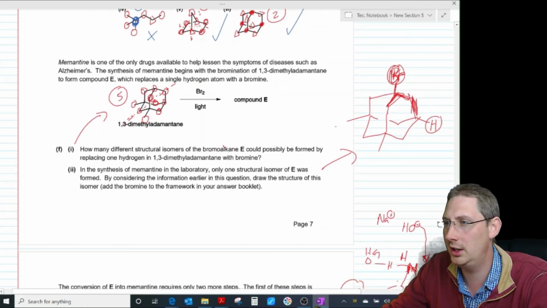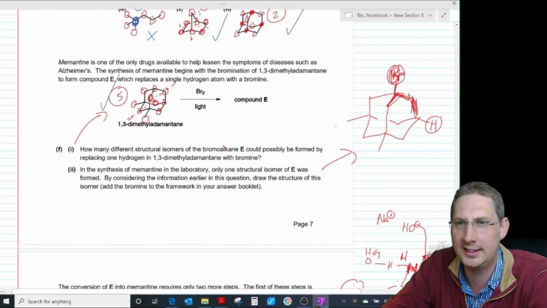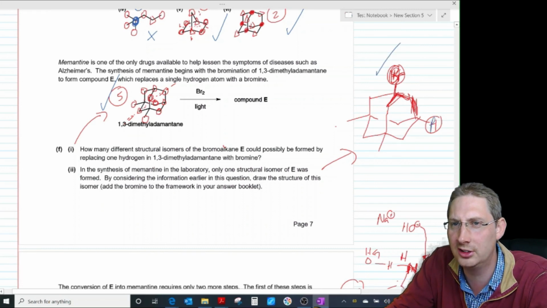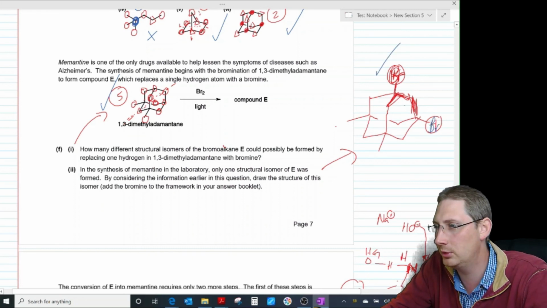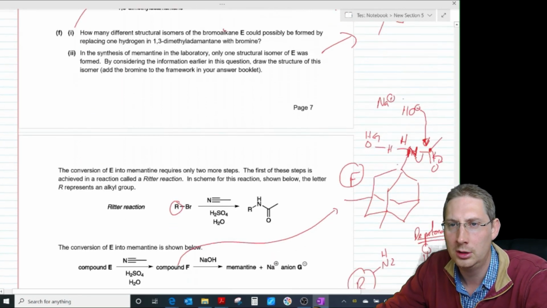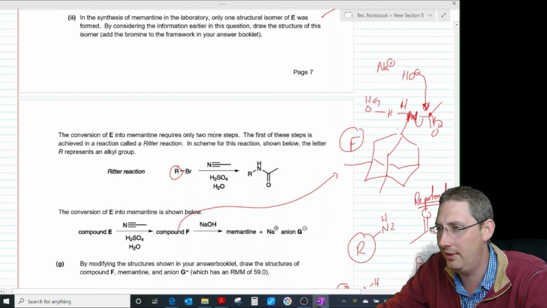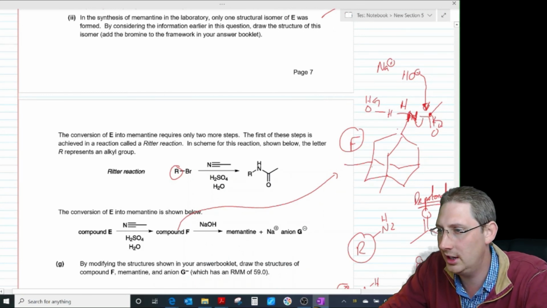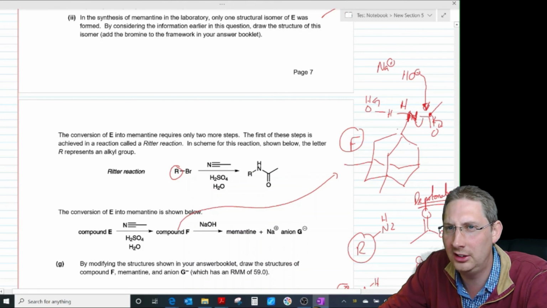Number of structural isomers of compound E, 5. That is correct. The bromine, yes, here, or in fact where that hydrogen is, because they're identical. Either one of those for 1 mark. Compound F indeed does have NHCO.